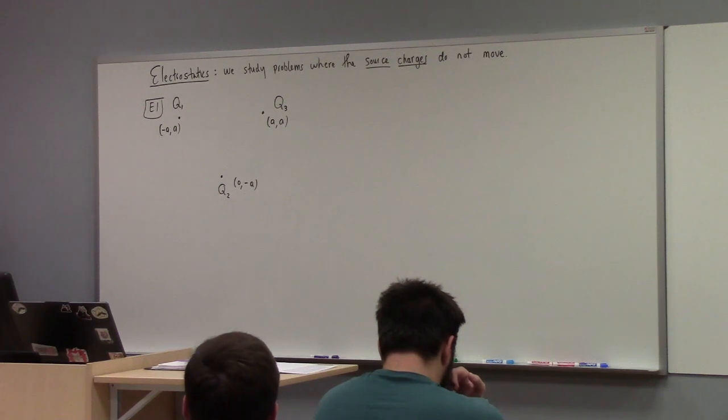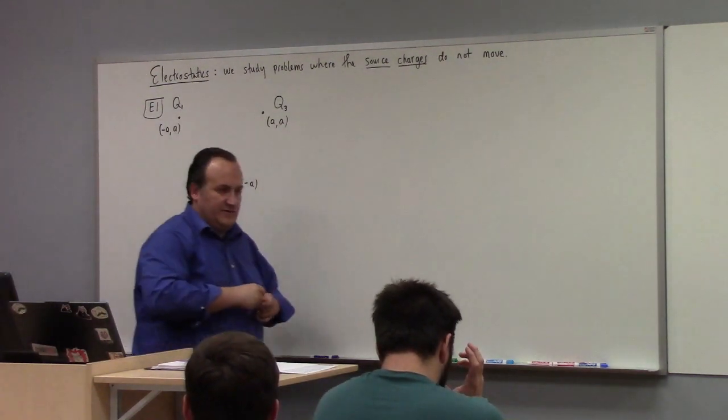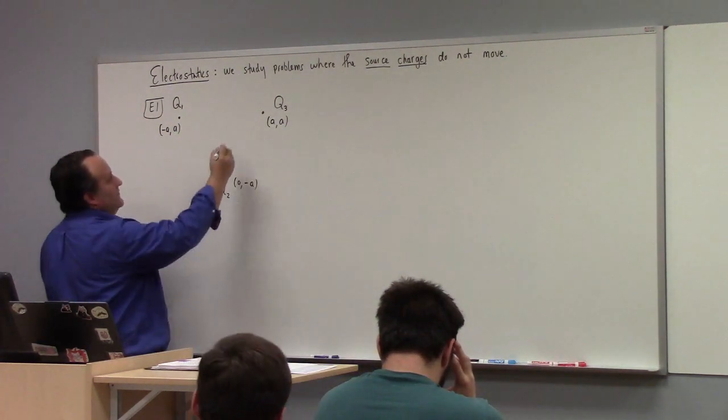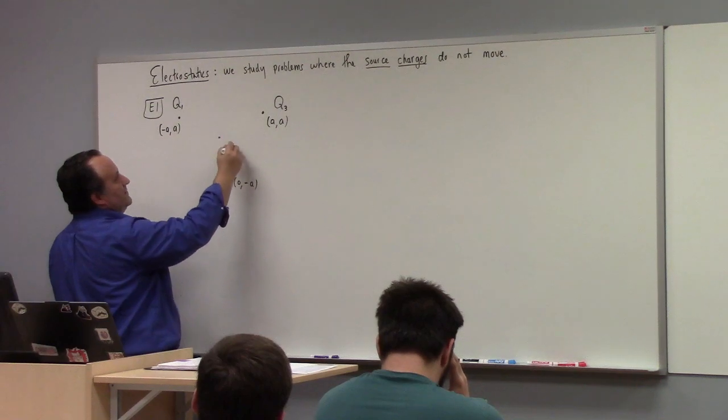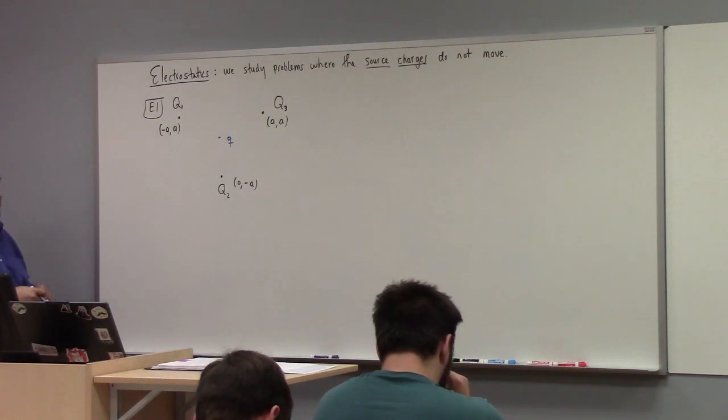Then we can ask, if I put a 4th charge at the origin, for example, what's the net electric force on that charge? Yeah? So what if I put a charge right here, let's say Q. What's the net electric force on Q? Okay, that's the question.